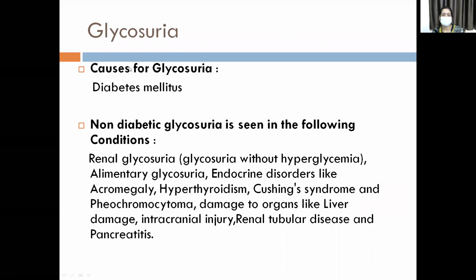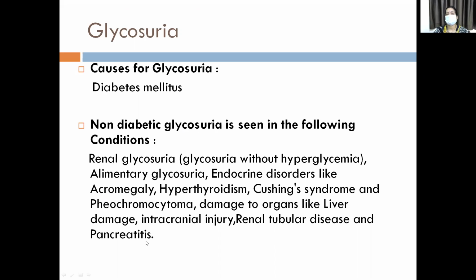Causes of glycosuria, that is, why there is sugar in the urine: diabetes mellitus, and non-diabetic glycosuria, where there is no increase in plasma sugar but there is sugar in the urine. Why is it there? Because of renal glycosuria, alimentary glycosuria, endocrine disorders like acromegaly, hyperthyroidism, Cushing's, pheochromocytoma, damage to organs like the liver, intracranial injury, renal tubular disease, and pancreatitis.